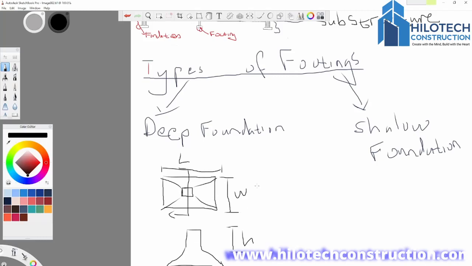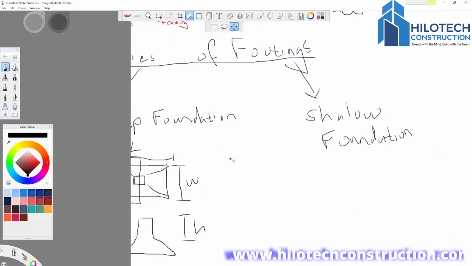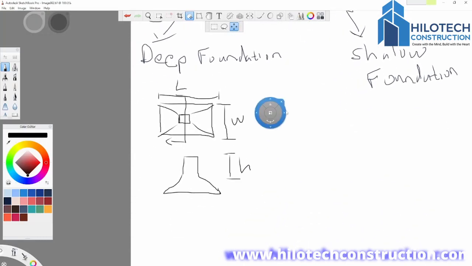Okay, so in order for you to know if you have a shallow or a deep foundation, first of all, for a deep foundation, the height should be greater than the length and the width. So if this height is greater than the length or the width, then you have a deep foundation.